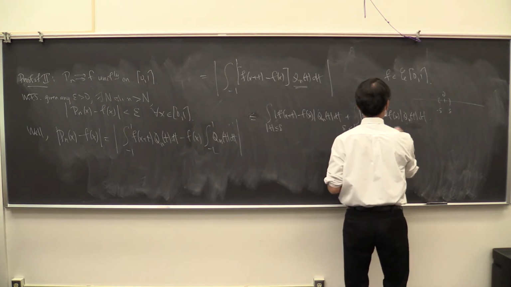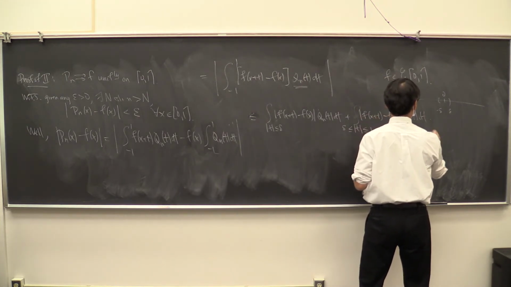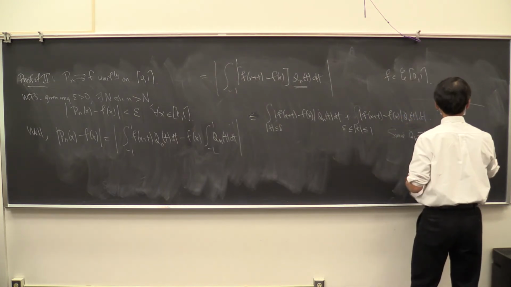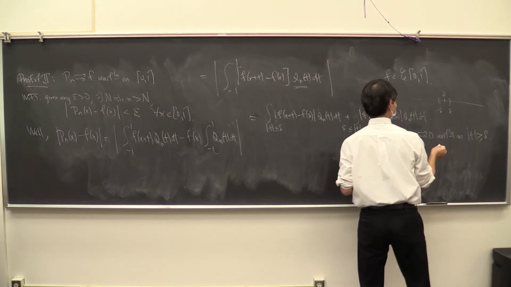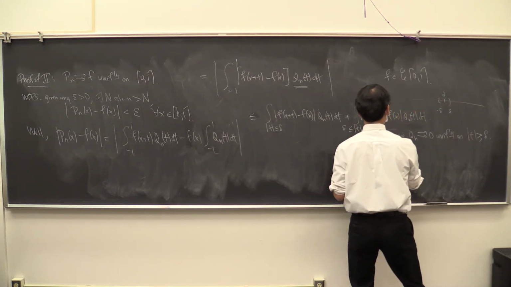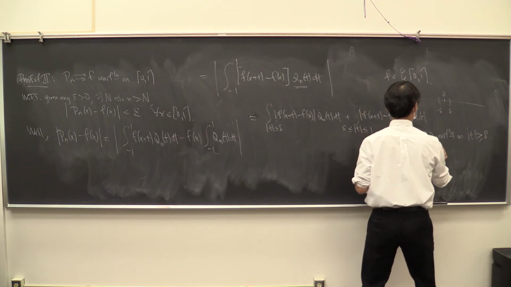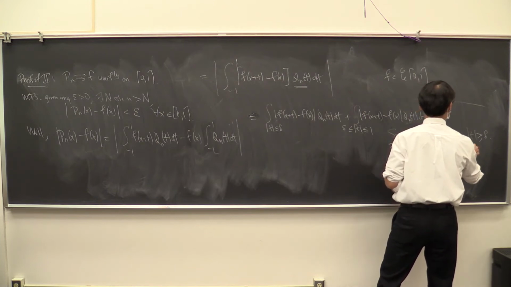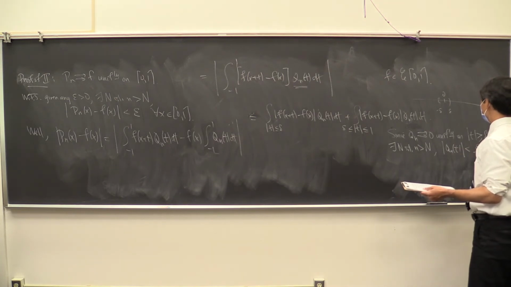So we know that since Q sub n converges to 0 uniformly outside away from the origin, there exists an n such that if we're past that n, then Q sub n of t is smaller than whatever we feel like. Let's say epsilon over 2 for now.